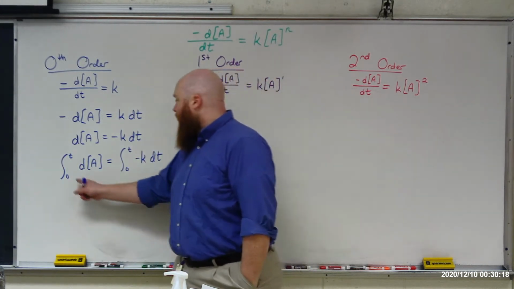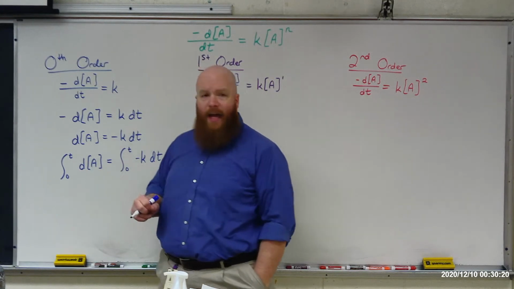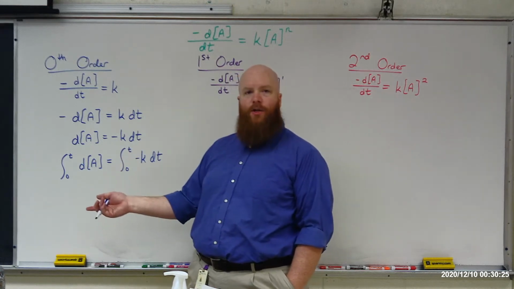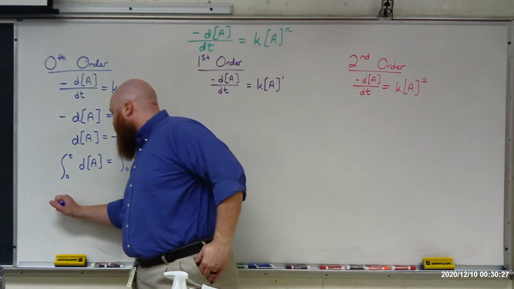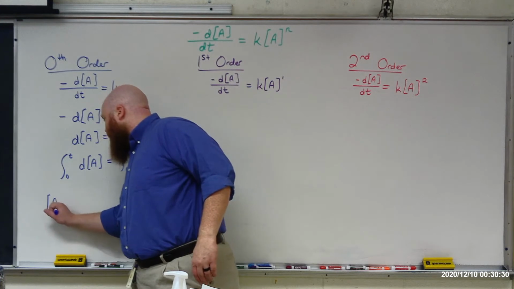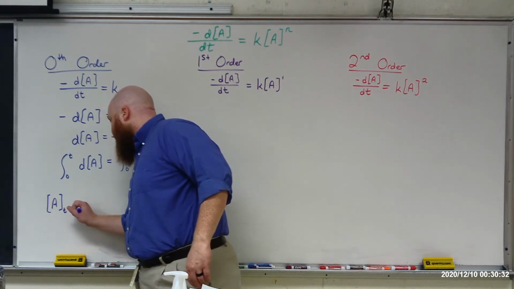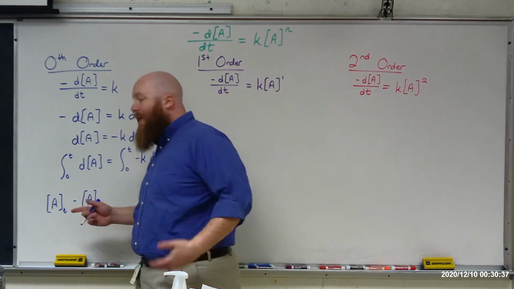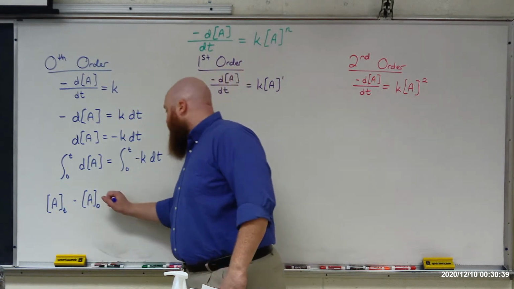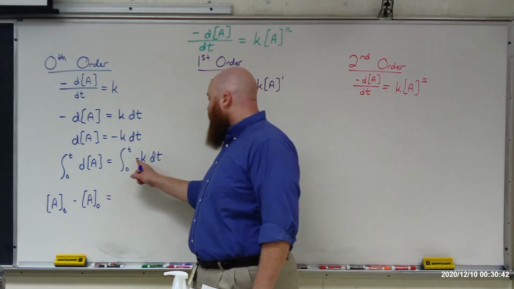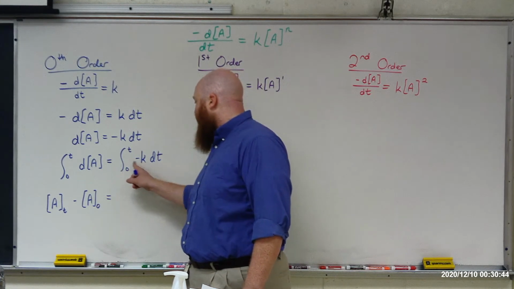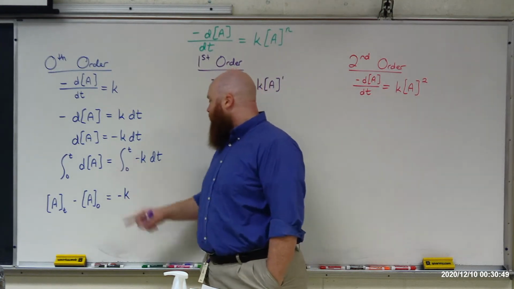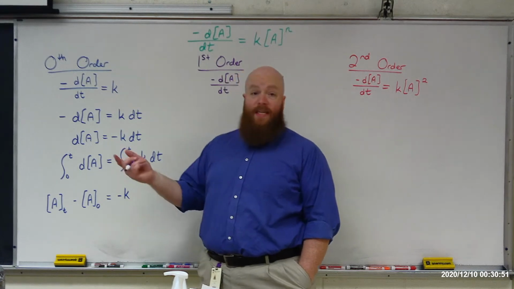And we know that the integral of dA is simply A, so the integral of d concentration is just concentration. So we can go ahead and simply write this as the concentration at time t minus the concentration at time 0, or the initial concentration, is equal to the negative factors out, the k factors out, the integral of dt is simply t.